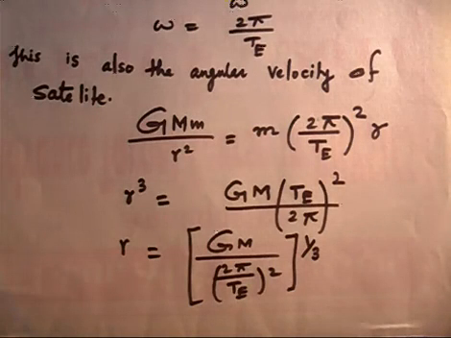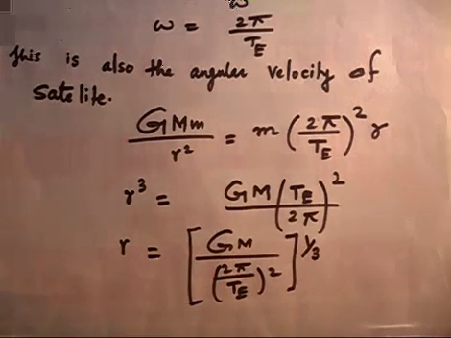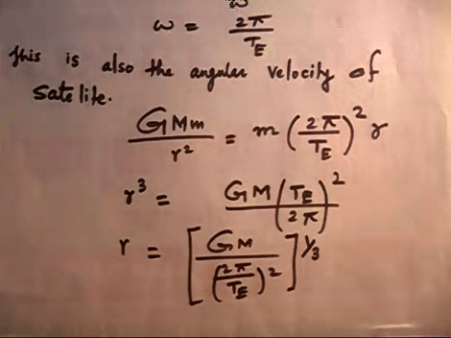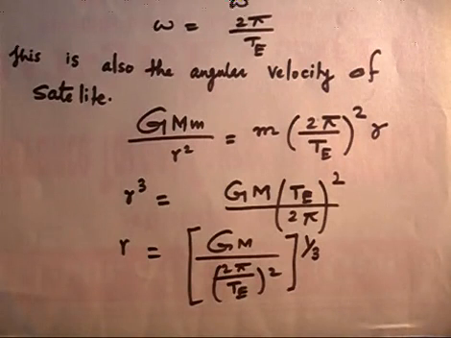This means there are many countries in the world. If all want to place their satellite as a geostationary satellite, they have to put it at the same radius. So now there will be a fight, with some countries launching and other countries launching. Maybe these two satellites can come very near to each other. I'm not saying they can collide; it is such a big circle that it is impossible to collide.